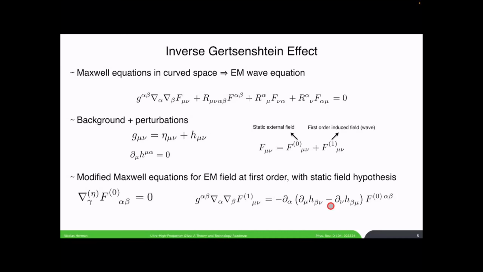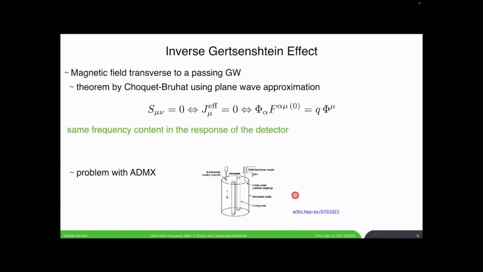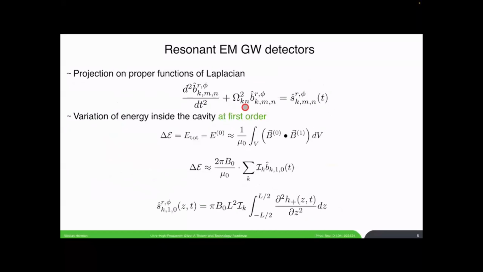And to solve this equation, we project the source term and the induced term on the proper functions of the Laplacian operator, and the proper functions respect the cavity boundary conditions. And then for all the spectral coefficients, we have this harmonic oscillator equation to solve.